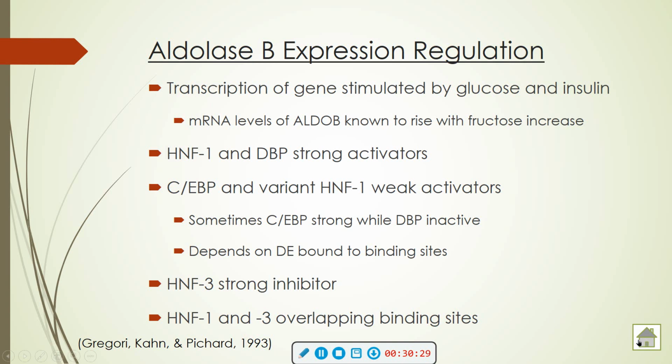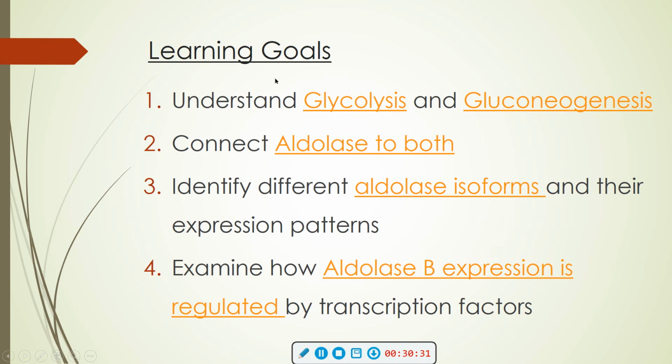So let's go back to this main page. Again, this presentation covered the processes that involve glucose in our body. Glycolysis, glucose gets broken down. Gluconeogenesis, it creates glucose using other things in our body.